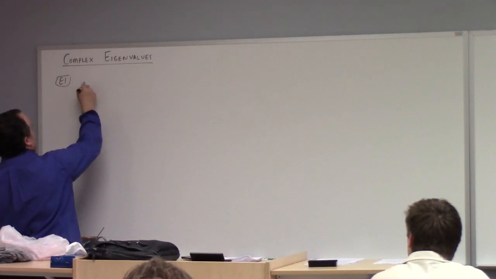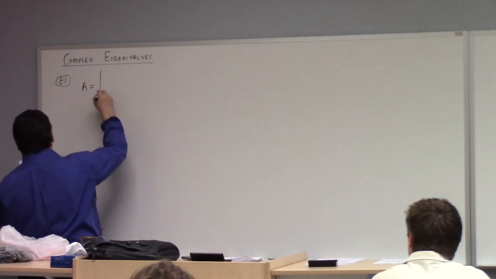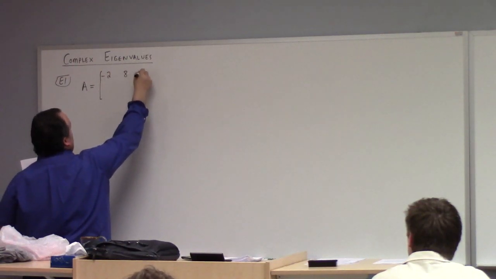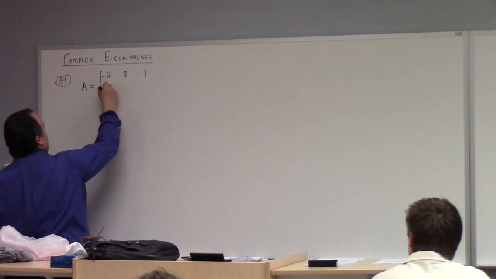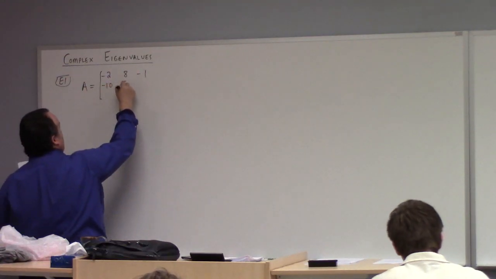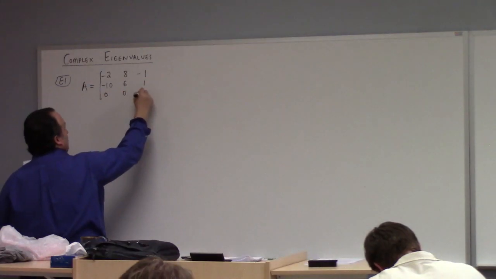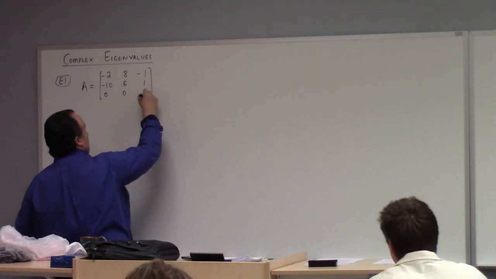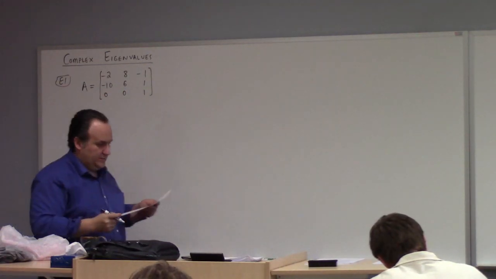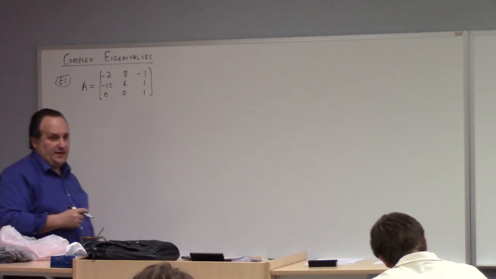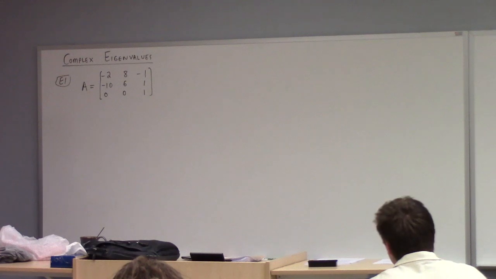So here it is. A is equal to the matrix with rows minus 2, 8, minus 1; minus 10, 6, 1; 0, 0, 1. Our goal here is to find the eigenvalues. They might be complex. Well, they are going to be complex, all right?